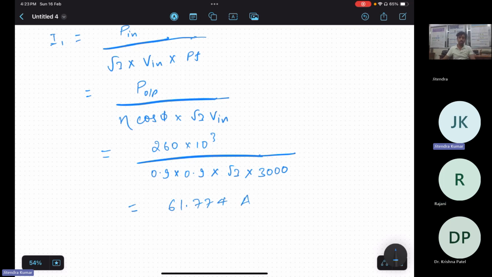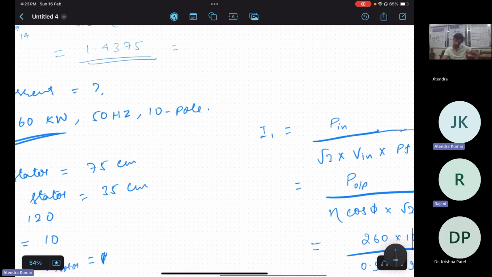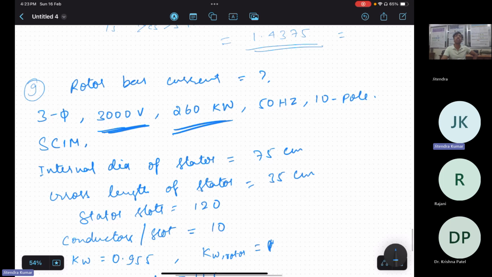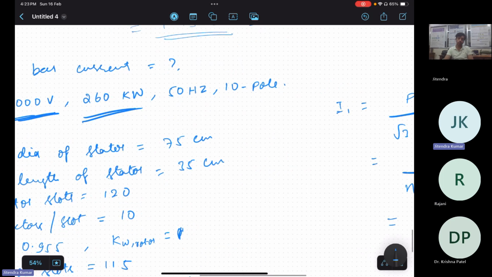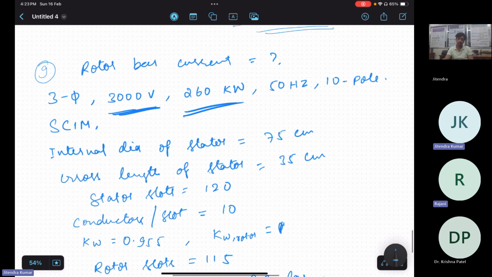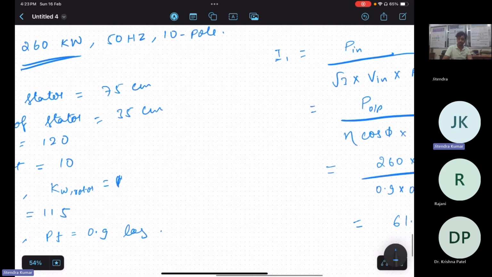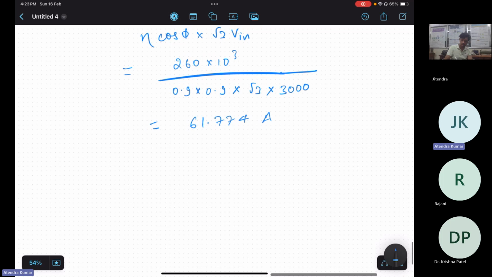So we have calculated the stator current at full load. Now we can approximate, since we are not given the specific losses happening in the stator resistance and reactances. Generally we consider 85% efficiency, or 90% if it is mentioned. So the rotor current I2 dash, how much can you consider?